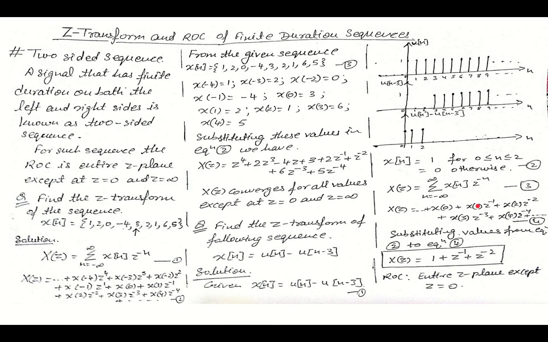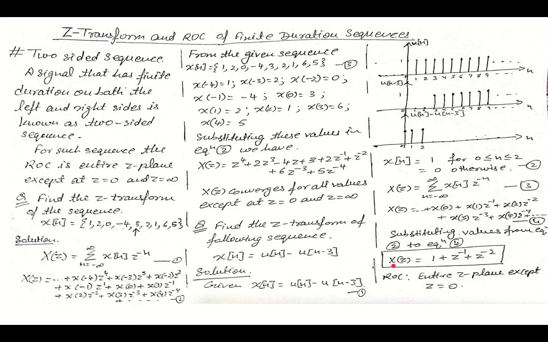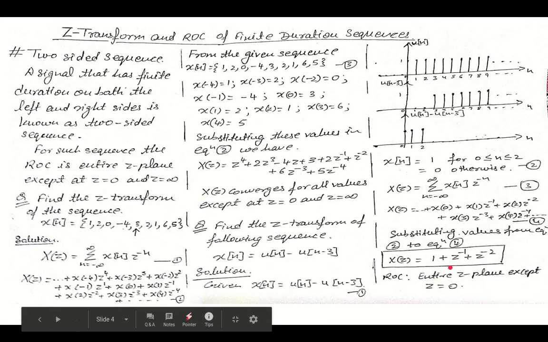Now x[1] is again 1, so 1 into z to the power minus 1, and x[2] is again 1, which gives 1 into z to the power minus 2. So X(z) will be 1 plus z to the power minus 1 plus z to the power minus 2. Now the ROC is the entire z plane except z equal to 0.